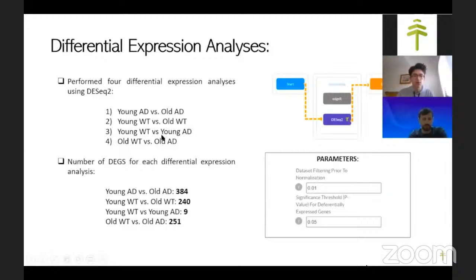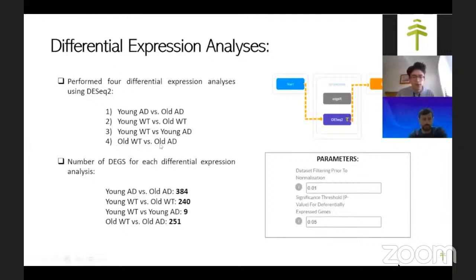This constitutes a reference to which I could compare the first differential expression analysis, to see whether mice that are not in pathological conditions exhibit the same changes across staging, or if the changes that I observed in the first differential expression analysis are just inherent to the disease.